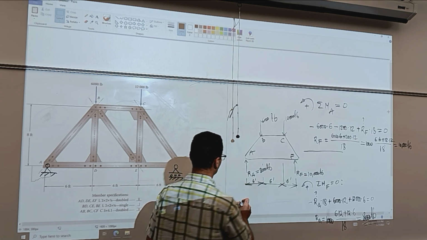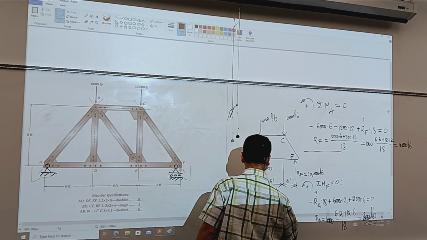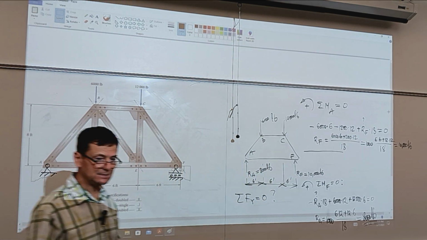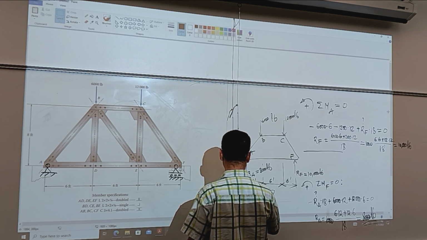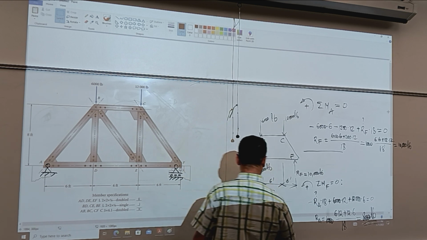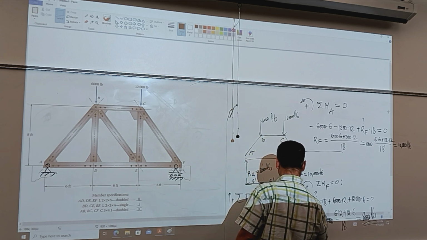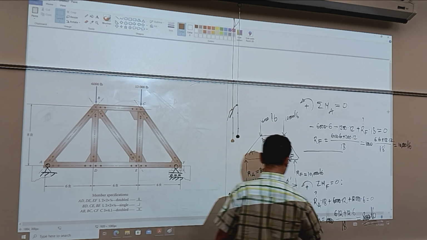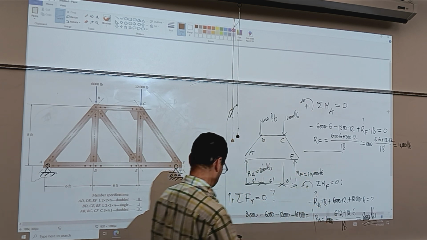And only now I'm going to sum forces in the y direction, or vertical direction, and see if it's indeed 0. We're assuming positive up. So we have 8,000 and then negative 6,000 and then negative 12,000 and then positive 10,000. Is this indeed 0?